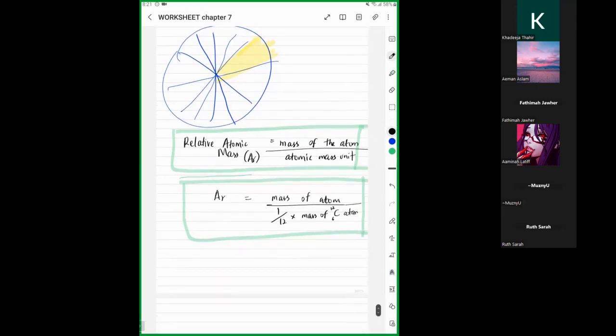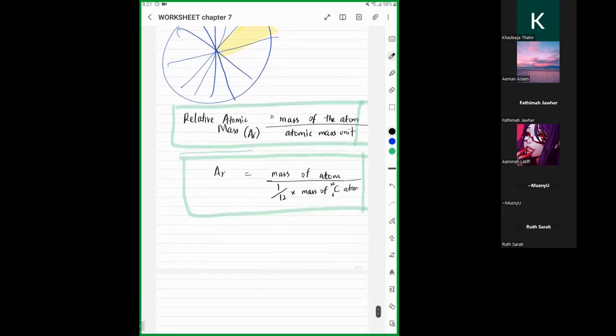Now I'm going to give you an example of how this equation is used, right? Just one example. Let's say I want to find the relative atomic mass of carbon. So the value is given, mass of a carbon atom. You don't need to obviously memorize this. Let's say that you have the value of a mass of a carbon atom, which is 1.993 into 10 to the power minus 23.